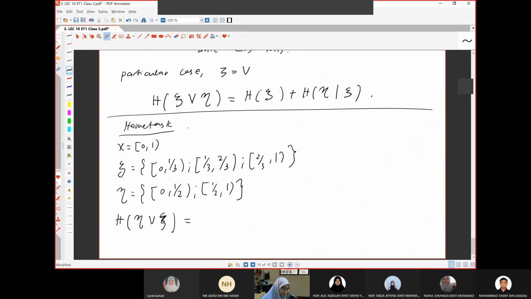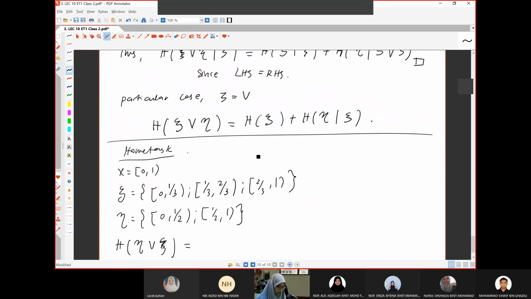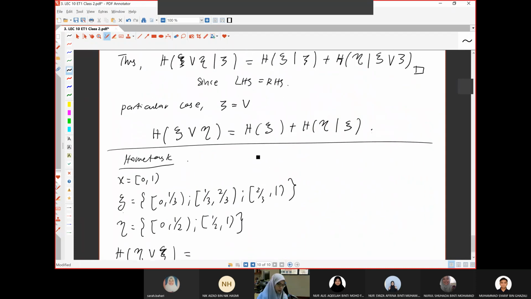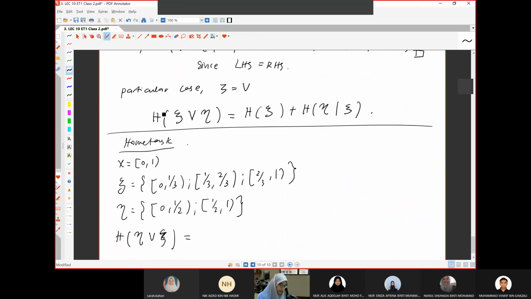So how do you write this? You know from the formula, this is H of psi join with eta given zeta. For this case, that means it is trivial. So you go for the particular case here.